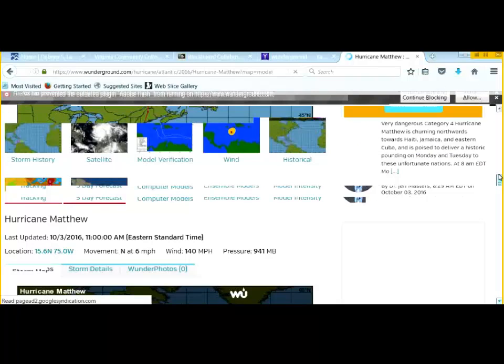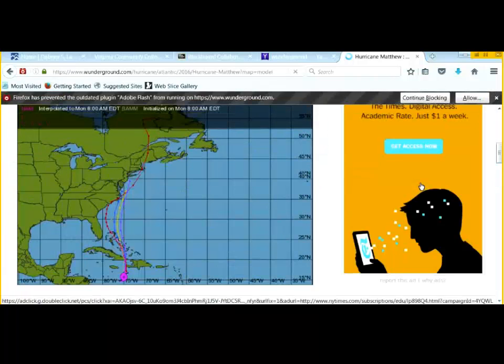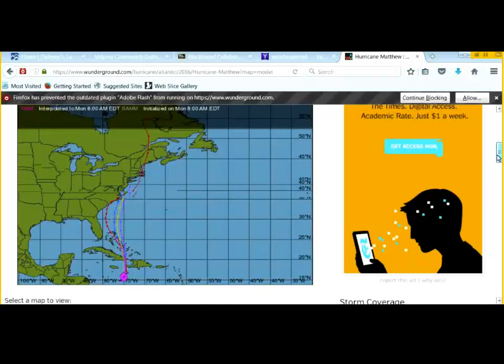So what this plot is, and let me just turn the lights off for just a second. There are actually 6 different colored lines for 6 different models that different weather services have come up with.